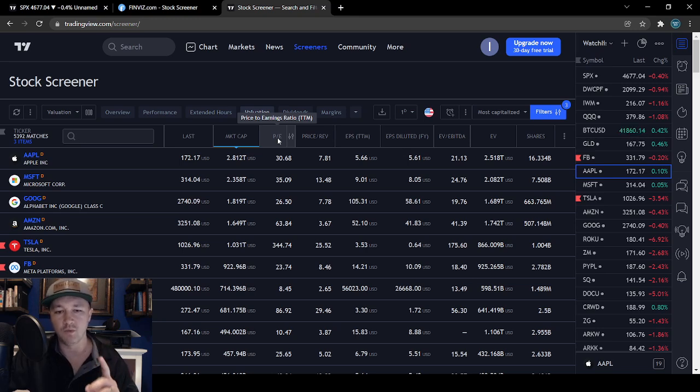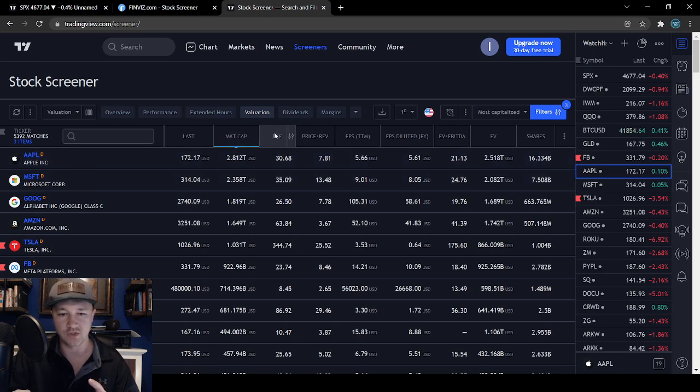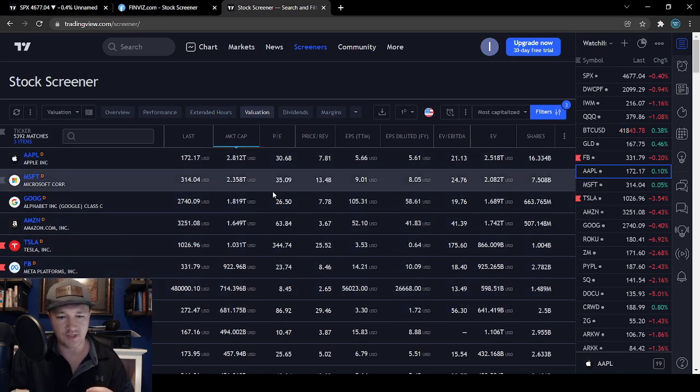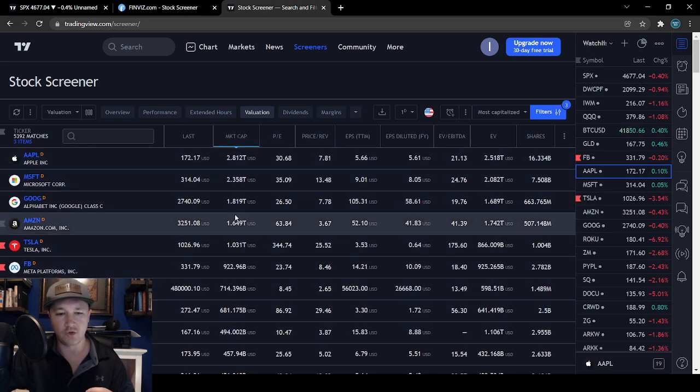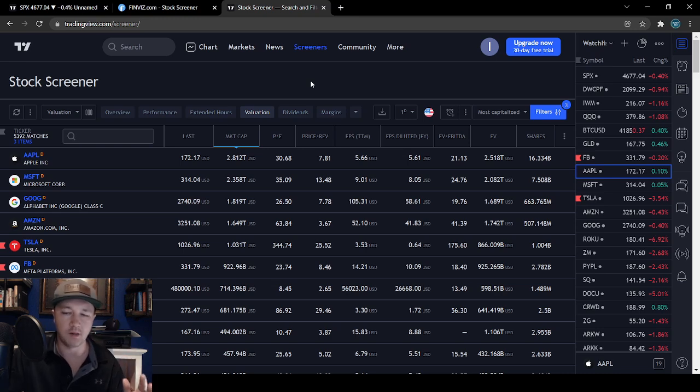This is really what we want to focus on. And these are the two columns that we want to focus on, actually, but this one is going to tell you how undervalued or how valued that company is. So this is one that is really going to tell us that information, but I also like to keep the market cap column sorted to the highest because I like to look at the biggest companies first.